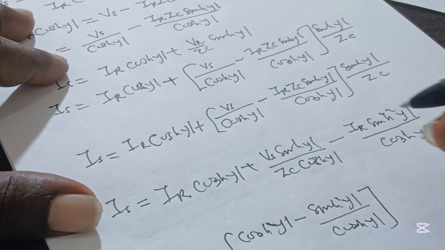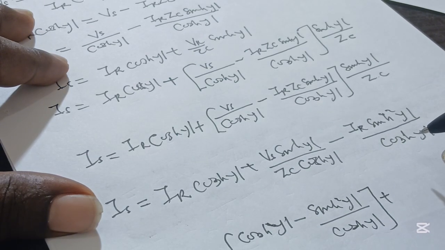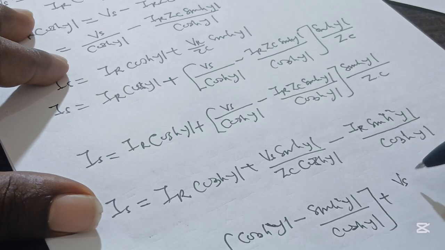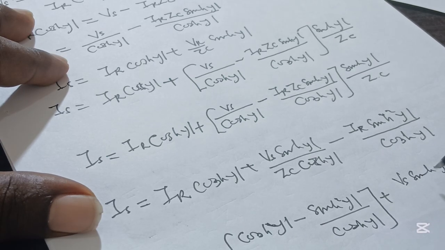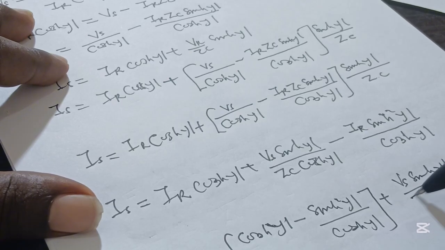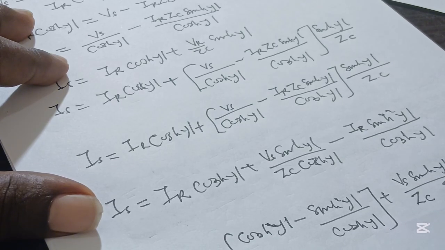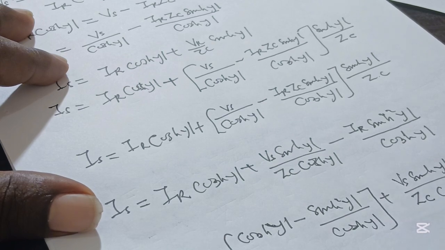So that is it. The remaining part of the equation is VS sinh(γl) divided by ZC cosh(γl).